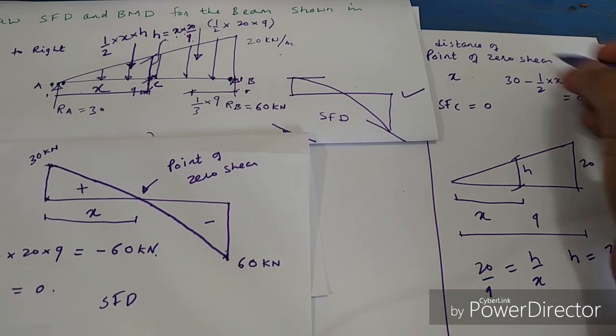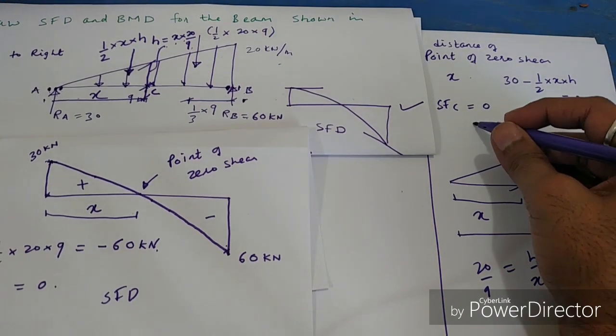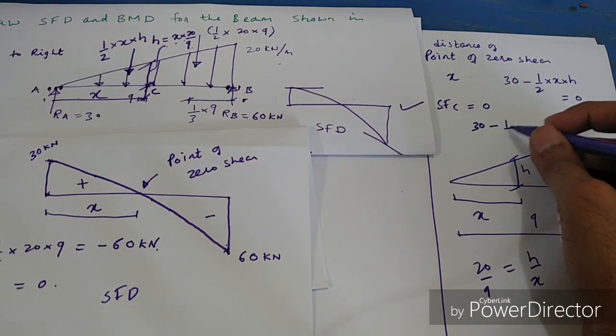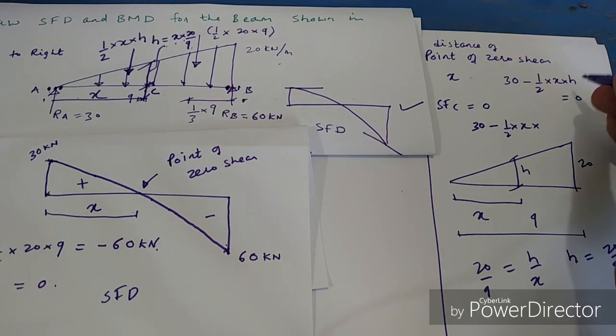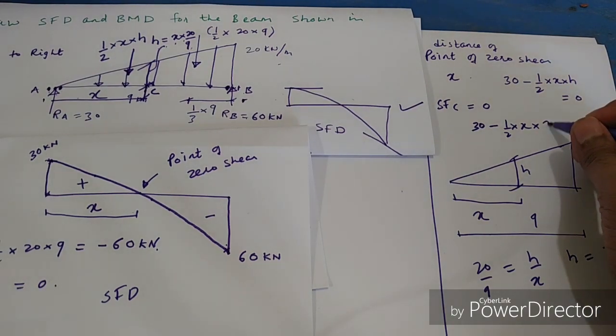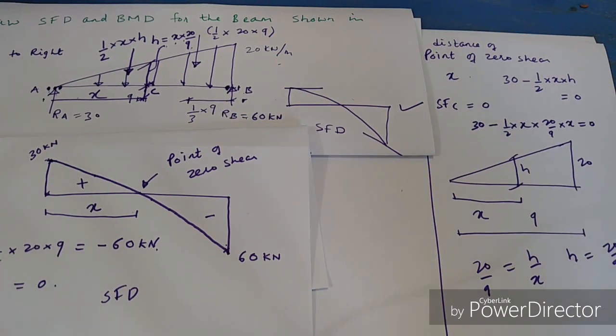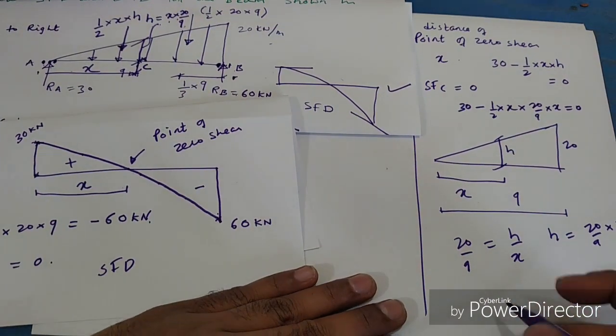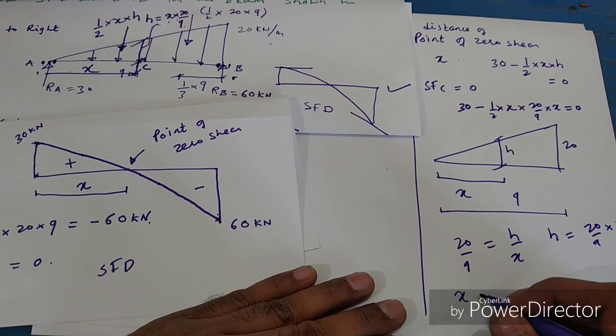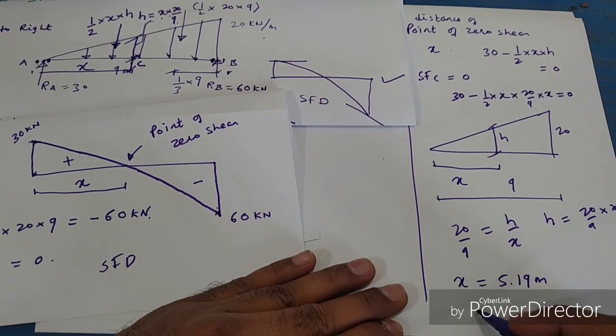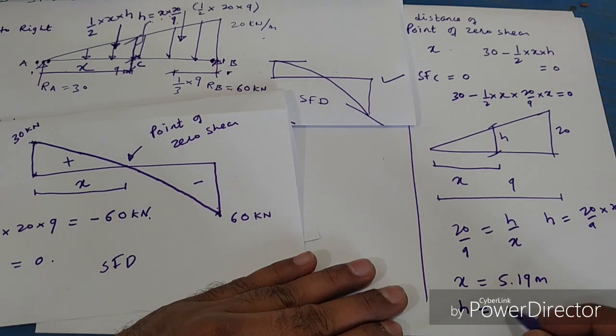So this is the equation. 30 minus half into x, h can be written in terms of x, 20 by 9 into x equal to 0. So when you solve this equation, x will be equal to 5.19 meter and h will be equal to 11.53 kilonewton per meter, because it is the intensity of the load.